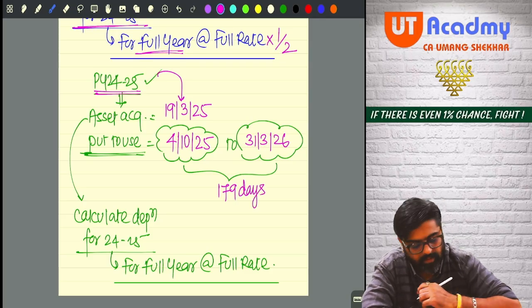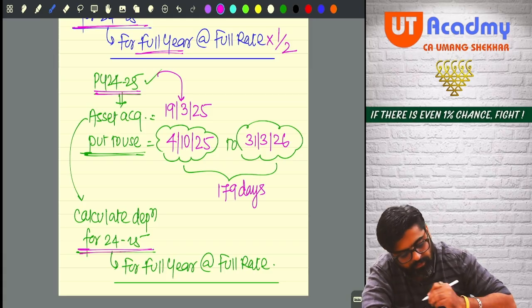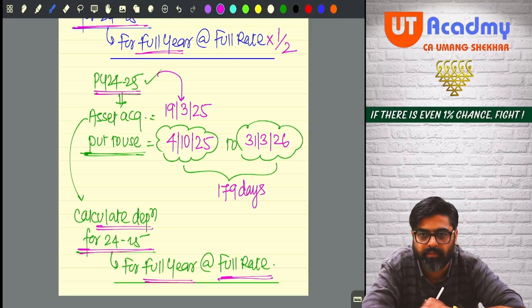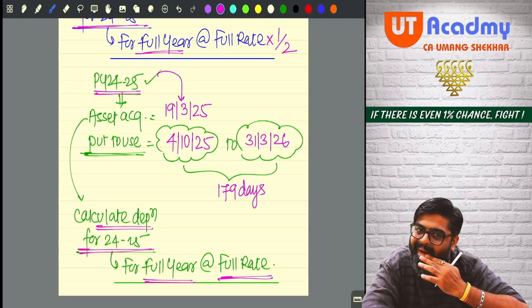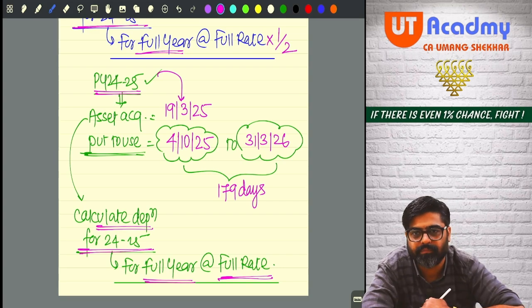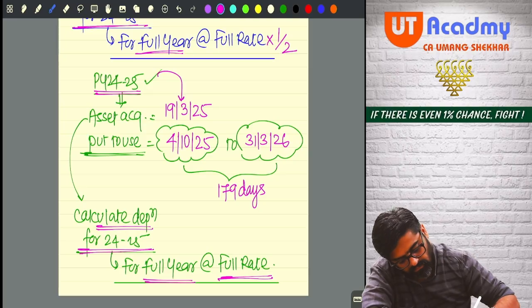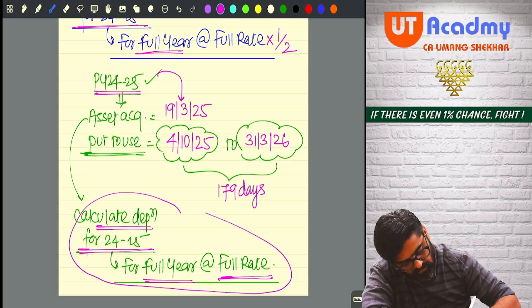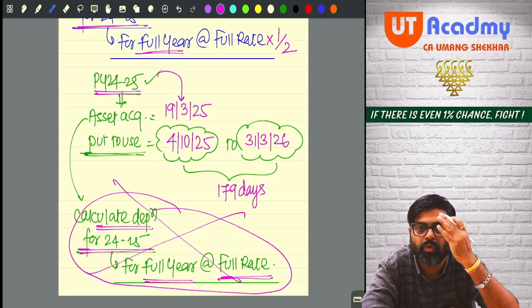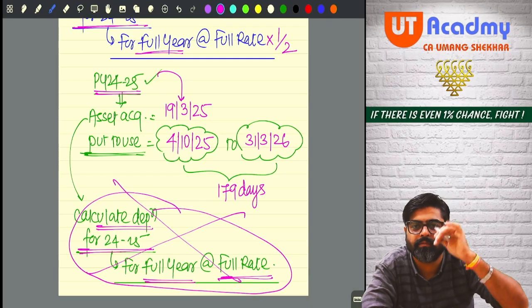Now tell me. For the previous year 24-25, will the depreciation calculation be for full year at full rate or half rate? Full rate or half rate? No depreciation, only for the first year.